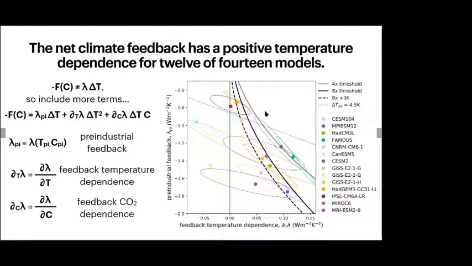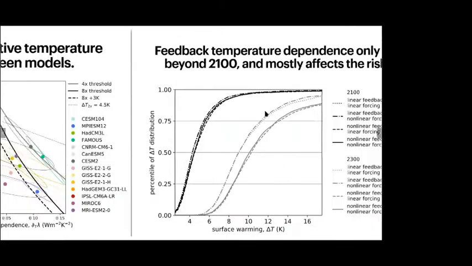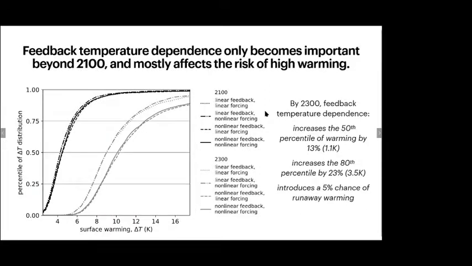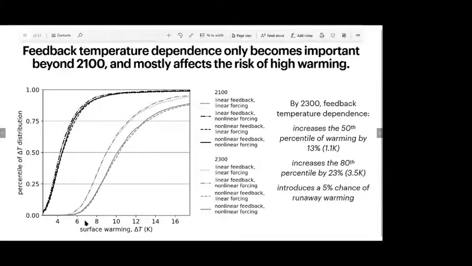So we can assess how important this is for actual projections of warming by taking a Monte Carlo simulation of 2-layer models where we're using parameters for these two-layer models that have the same mean and covariance as the ensemble of models that I've been discussing.